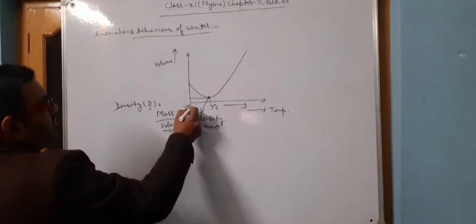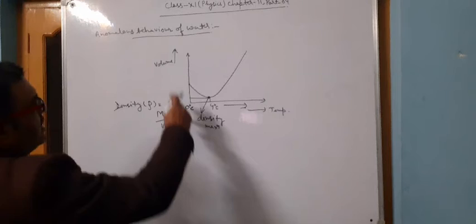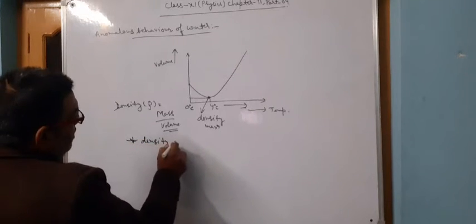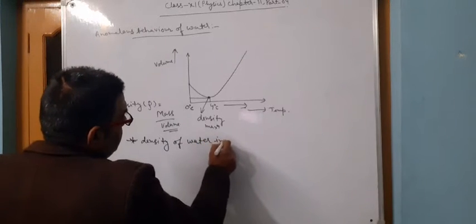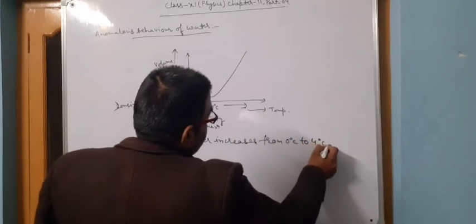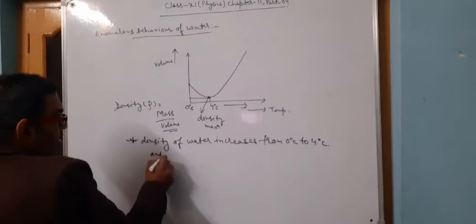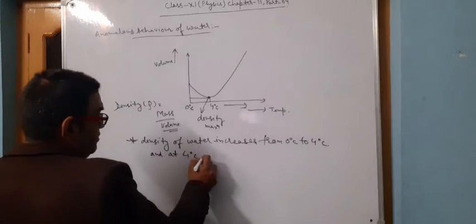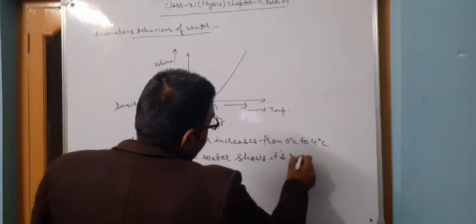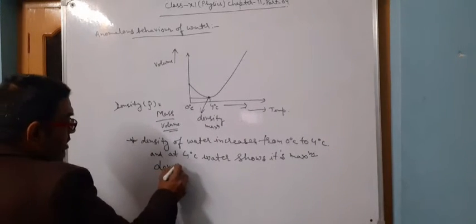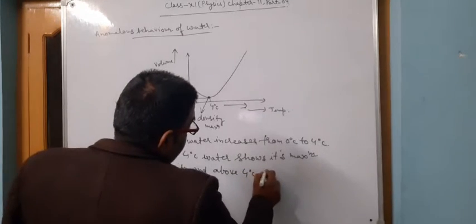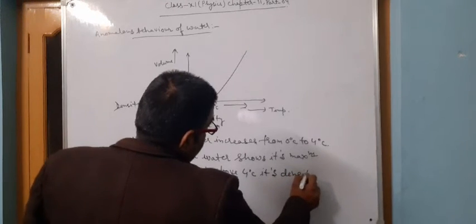From 0 degree Celsius to 4 degree Celsius, the density of water increases, and at 4 degree Celsius water shows its maximum density, and above 4 degree Celsius its density decreases.